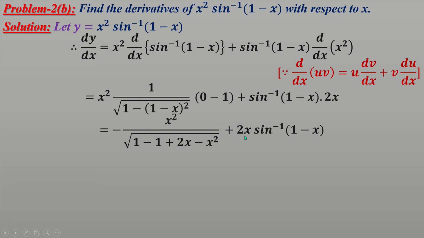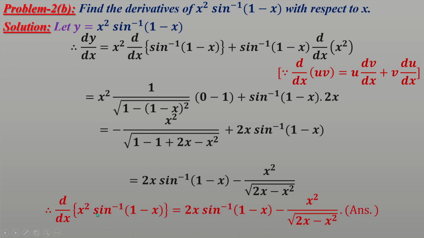As this is a plus, we have to take this first, and this will be the next part. That means 2x sin inverse 1 minus x minus x square by square root of 2x minus x square. This is the required answer. That means d/dx of the given expression is equal to this. Clear?